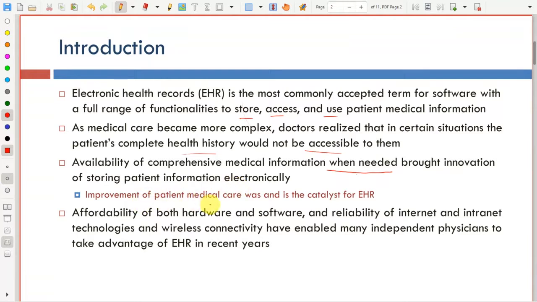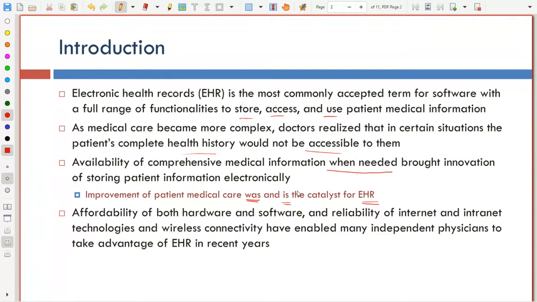Improvement of patient medical care was and is the catalyst for EHR, for the presence of electronic health records. So this motivated the innovation of electronic health records and is the catalyst for further development of electronic health records.